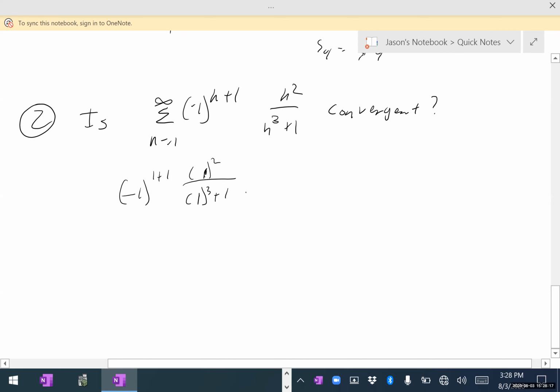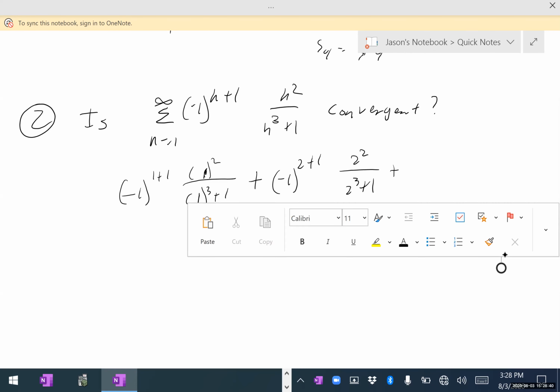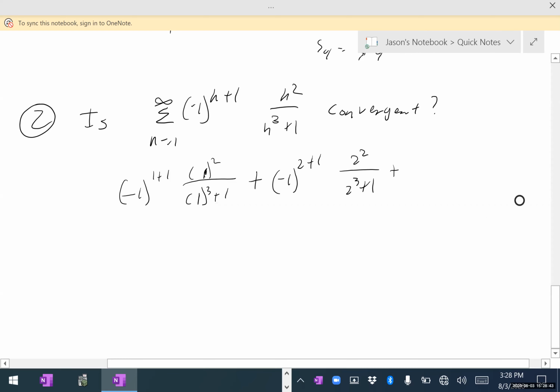Okay, so that's the first term. Plus (-1)^(2+1) times 2 squared over 2 cubed plus 1. Plus, maybe we'll go out one more term. What's the next one going to be like? That's going to be (-1)^(3+1) times 3 squared over 3 cubed plus 1.